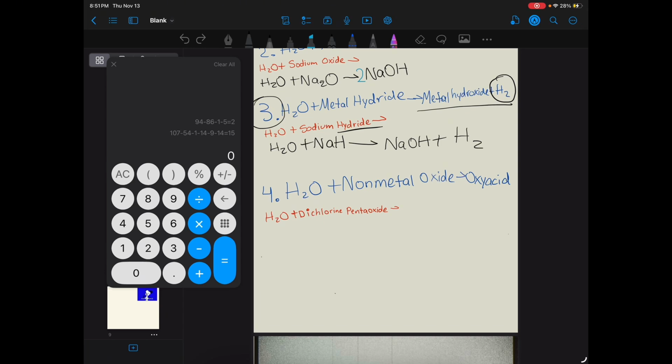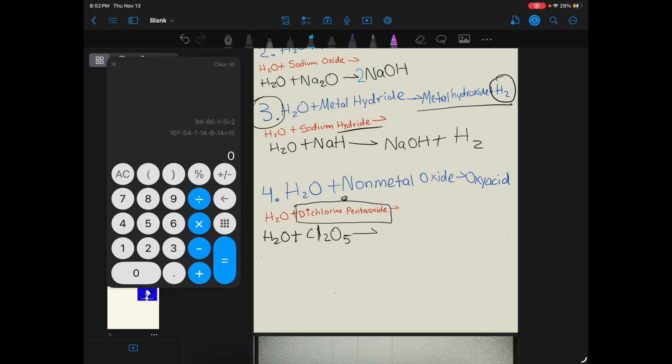So again, writing it out, that would be H2O plus dichlorine pentaoxide. We would be given our molecule written out like this, and we would have to write it down into something like Cl2O5. We're not going to directly be given the Cl2O5.